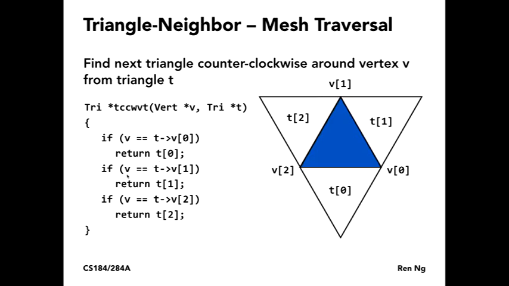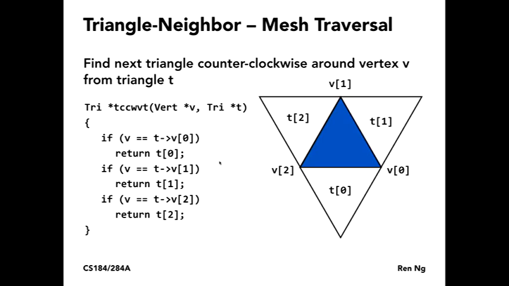If V is equal to the second vertex in the triangle, then I'll return T1 over here. If V equals the triangle's V2, that'll be this guy over here, then I'm going to return T2. Okay?